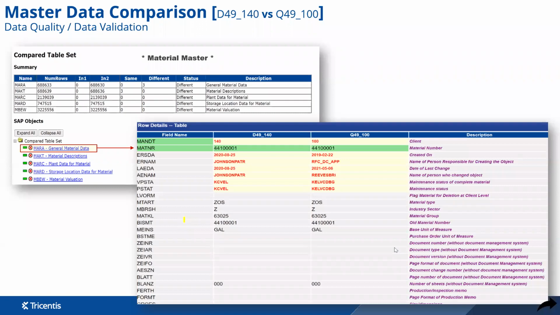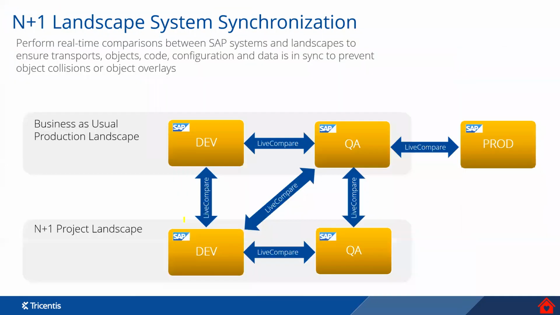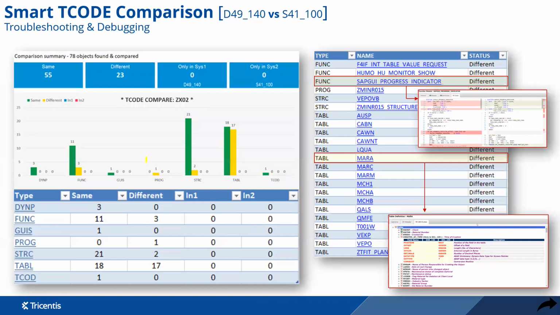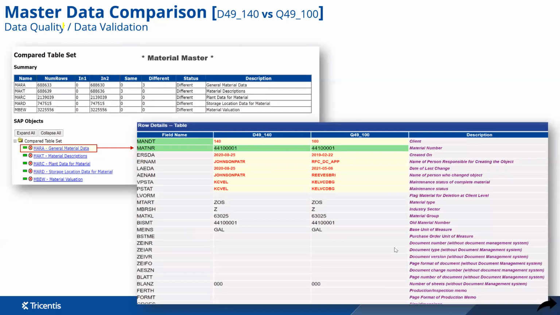We can do master data for sure. I won't drill into too much of this one, but I did want to show you that you can do master data comparisons as well. Very similar to what we do for config. You can select the master data area that you want to compare. So in this case, we said, let's compare the material master between these two clients.